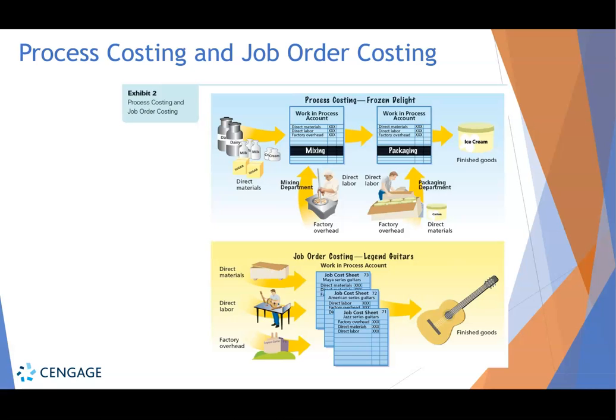Then, when the product moves along to another department like packaging, all the costs that are put into that specific department stay within that department. So instead of by job, we do it by the process or the department.